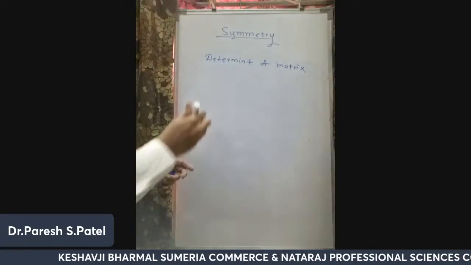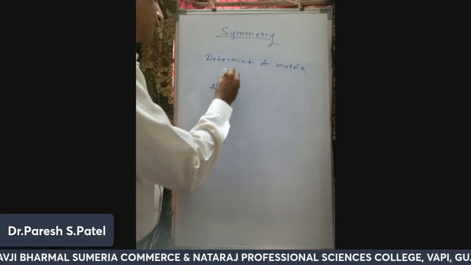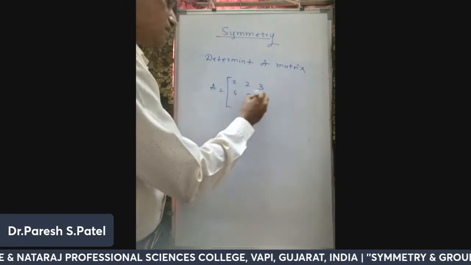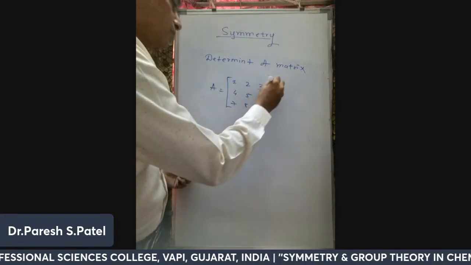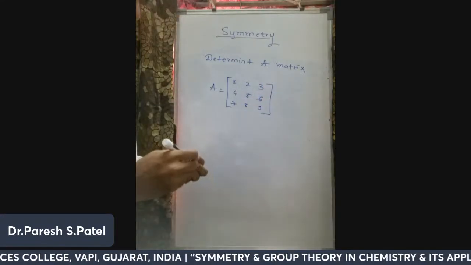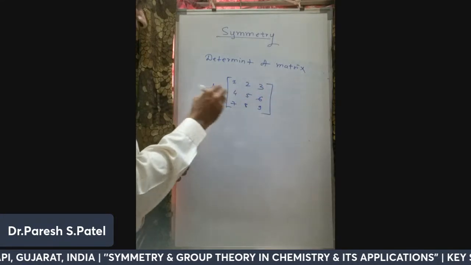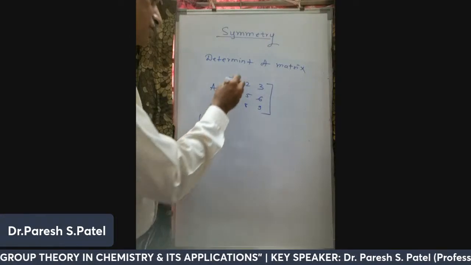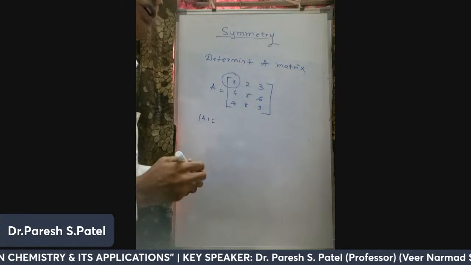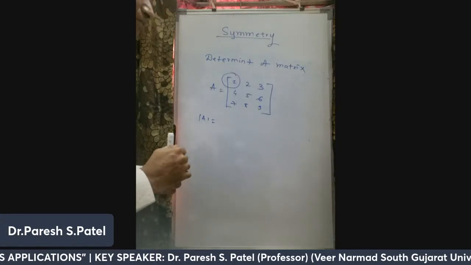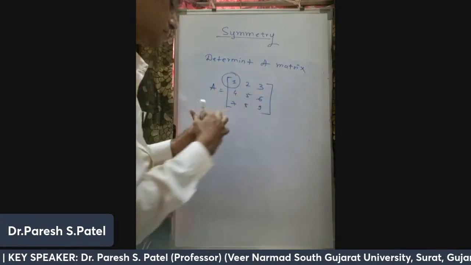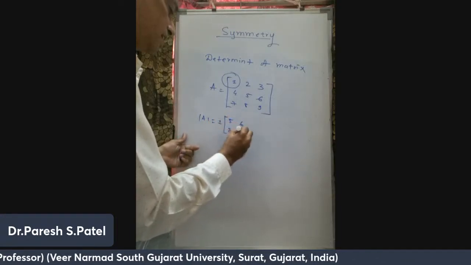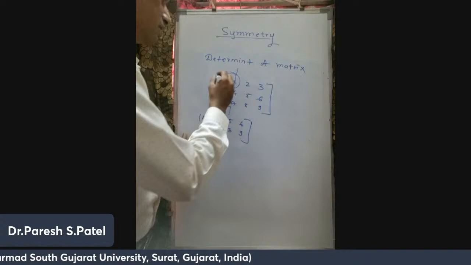In case of the determinant for the three-dimensional matrix, A is equal to, suppose, 1, 2, 3, 4, 5, 6, 7, 8, 9. Now, the determinant of this matrix can be represented as, this is the first element of the first row and first column, and then the remainings are 5, 6, 8, 9, just like this one.